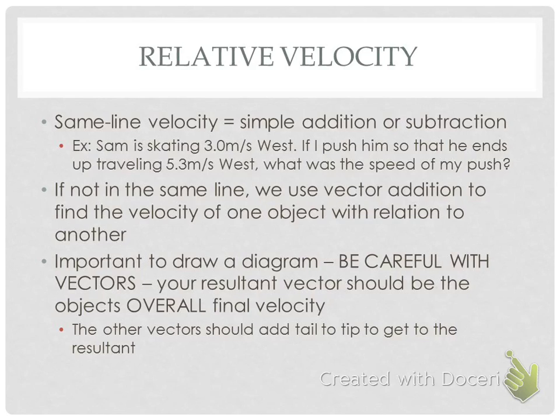When we draw a vector and a resultant vector, our other vectors should always add tail to tip to get to the resultant vector. That's a really tricky concept to remember. Our resultant vector always goes from the origin to the tip of the last vector, and all of our other vectors should add tail to tip to get to that point. I know I'm going to keep saying that, and you're going to get tired of hearing it, but it's important.